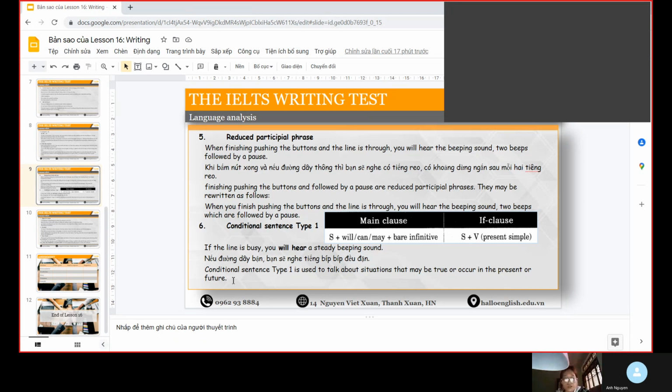First, did you learn about all 3 types of the conditional sentences, the if clause? There are 3 types. Did you get to learn all 3 of them?